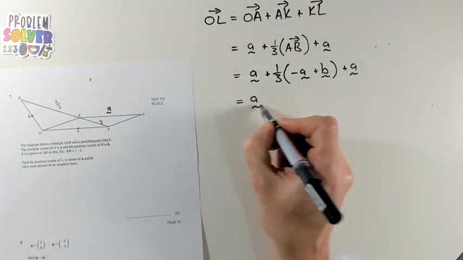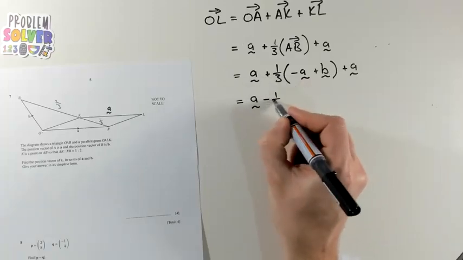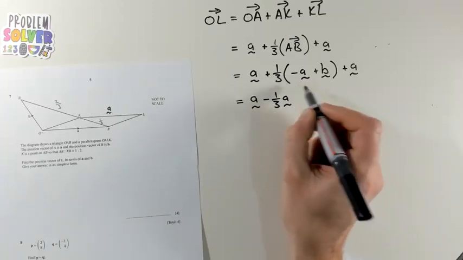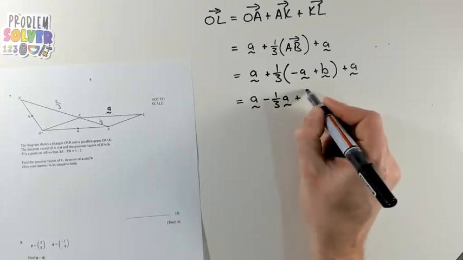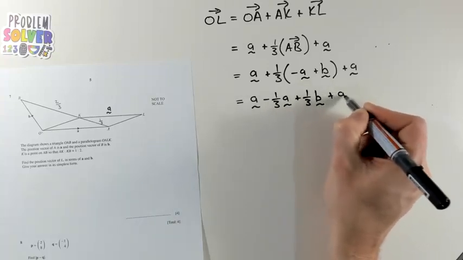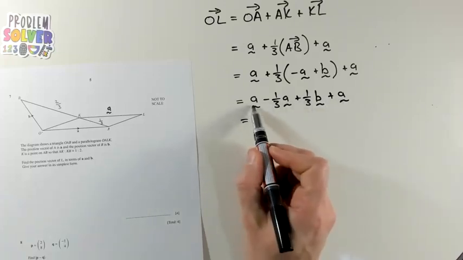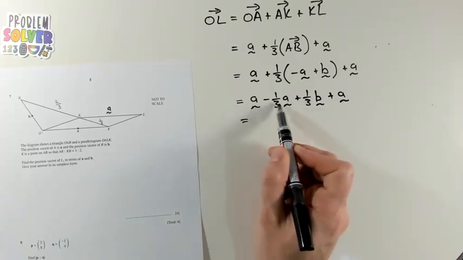So this is A. This is going to be minus a third A. That's going to be plus a third B. And then that plus A just comes along. So basically I have an A plus an A, which is 2A. And then 2A minus a third.